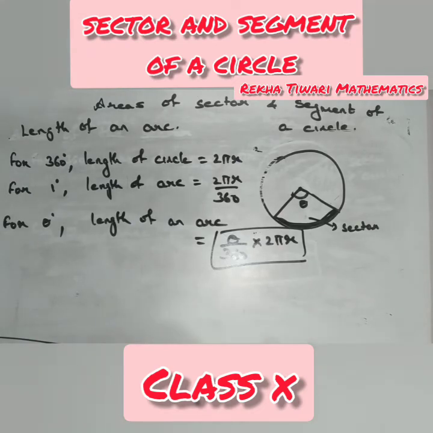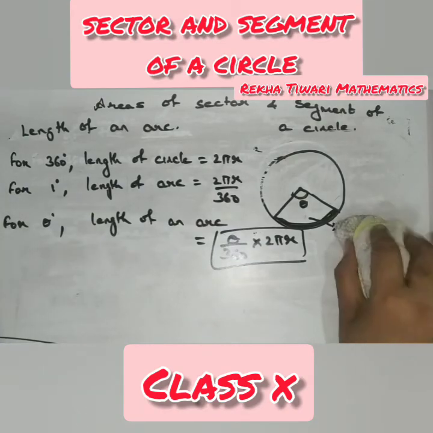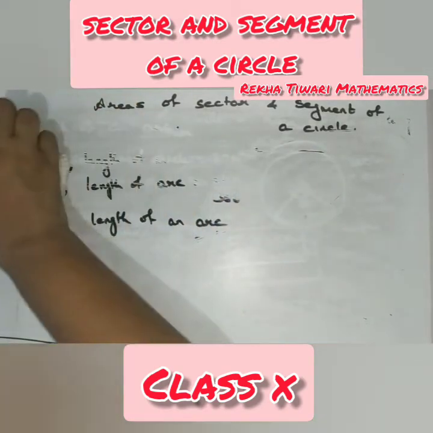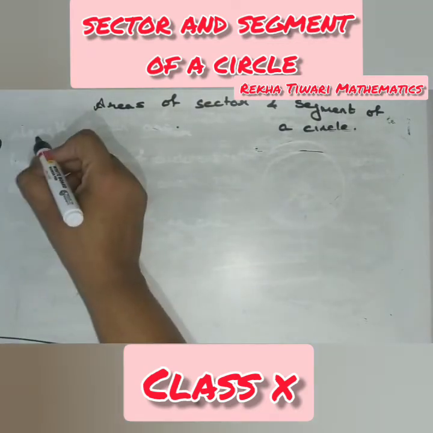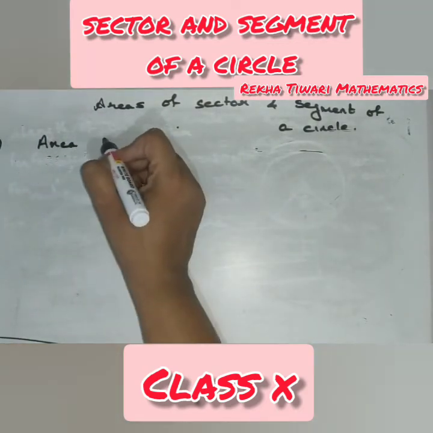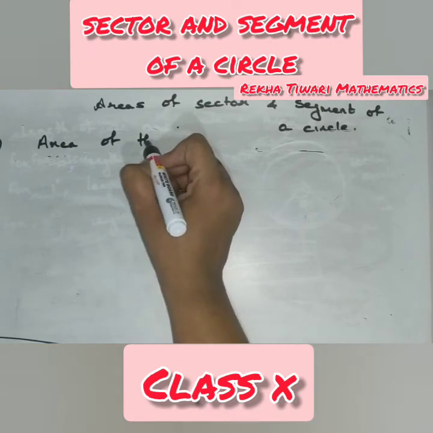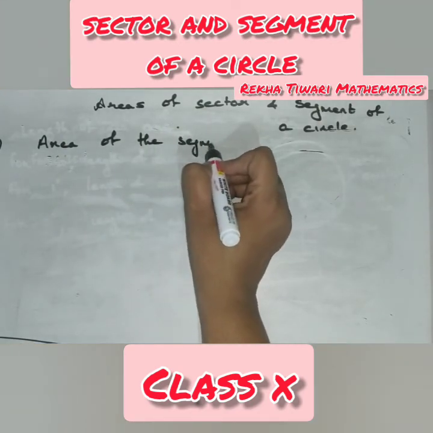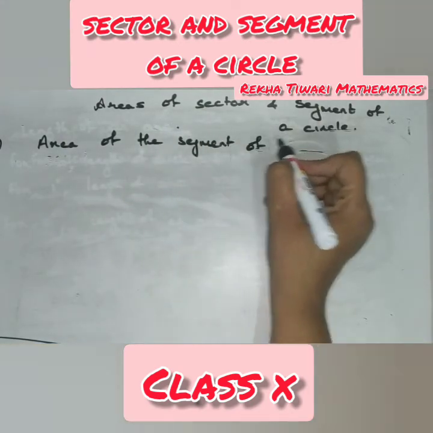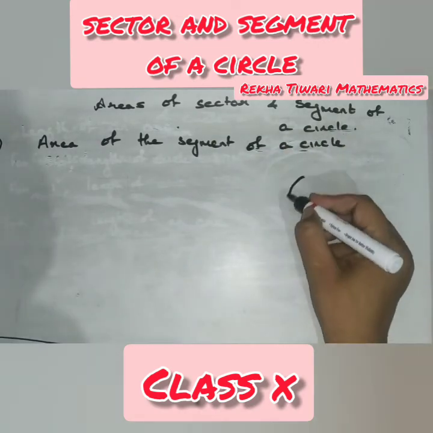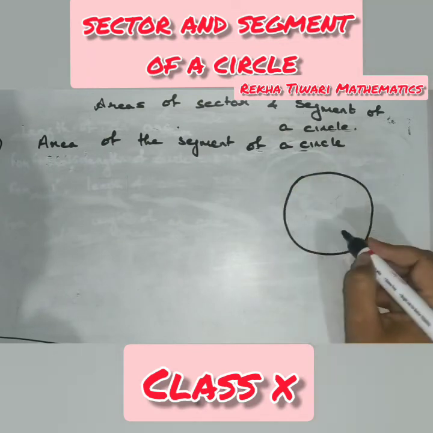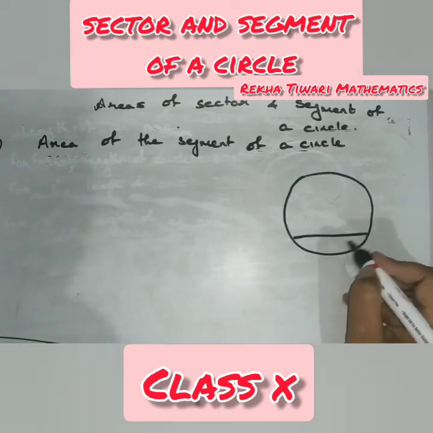Move to the last formula, which is area of the segment. Area of the segment of a circle. What is a segment? Segment is a region bounded between a chord and the arc.